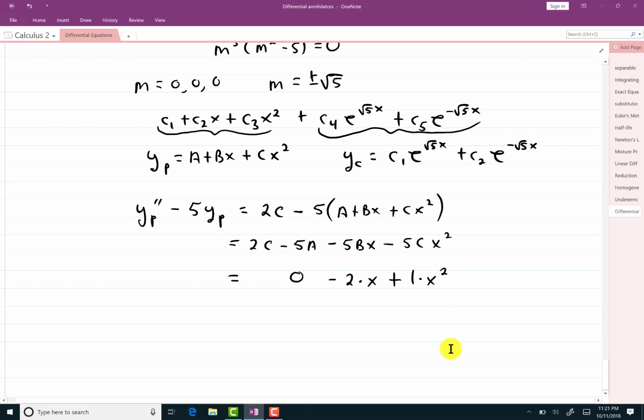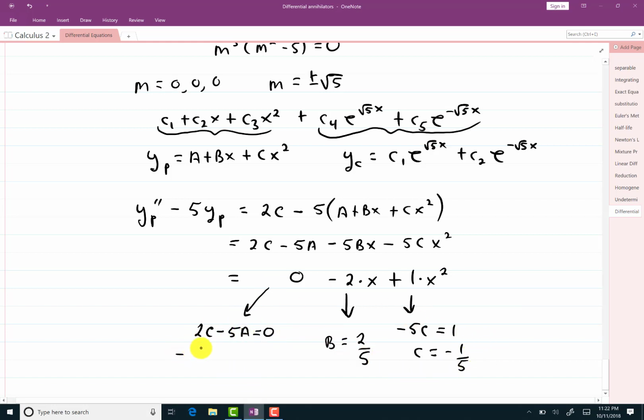Well, this is pretty clear. Negative 5c equals 1, or c equals negative 1/5. On the other hand, here I get negative 5b equals negative 2, or b equals 2/5. And finally, 2c minus 5a equals 0. Where'd my c go? Negative 1/5.